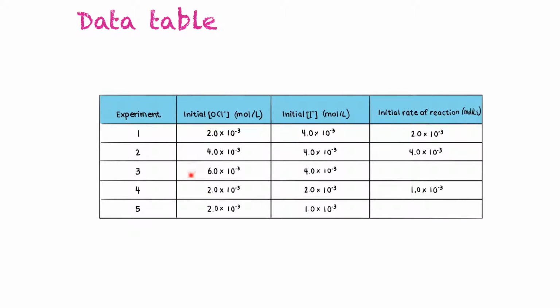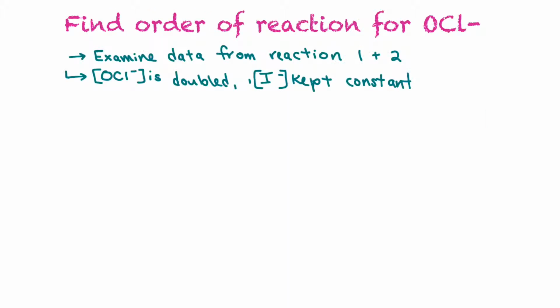So if we compare experiment 1 and 4 and we change the iodide concentration, we can take a look at the impact on the rate of reaction. So we're going to do that. So when we look at the data, we noticed that when we doubled the hypochlorite concentration and kept the iodide concentration constant, the rate doubled.